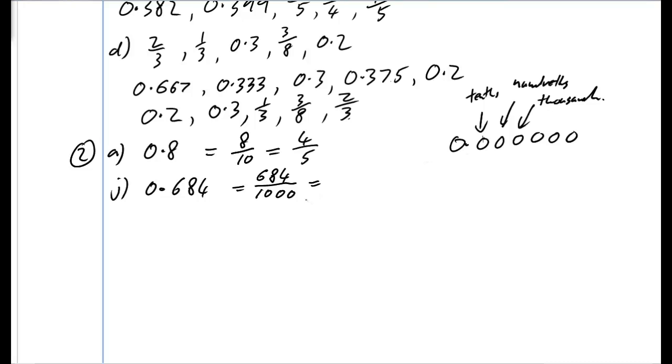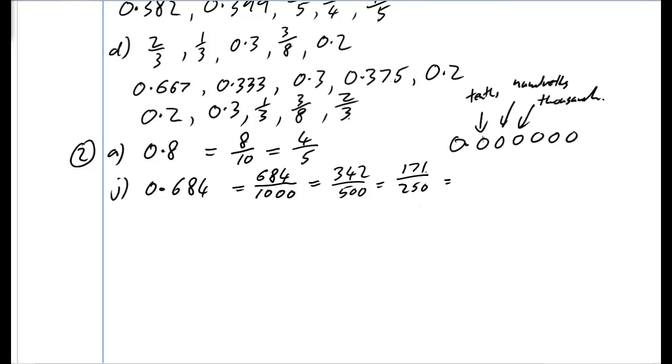Now you've got to simplify that to the simplest form. So what will divide into 684 and 1,000? Well, this is pretty tricky. What I tend to do is simply divide numbers by 2. So divide the top number by 2, you get 342 over 500. Keep dividing by 2 until it won't go any further. So it's 171 over 250.